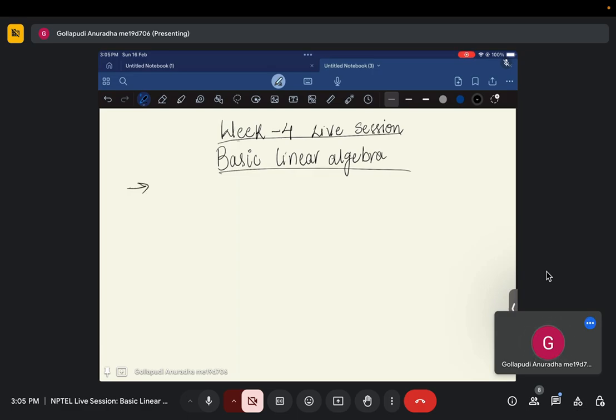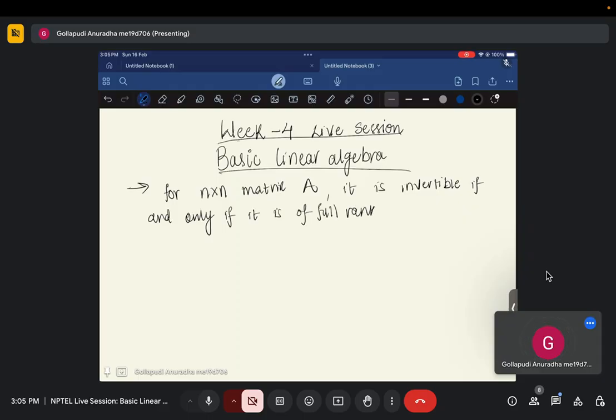So we saw that for an n by n matrix A, it is invertible if and only if it is full rank. That is, the rank of A is its size.